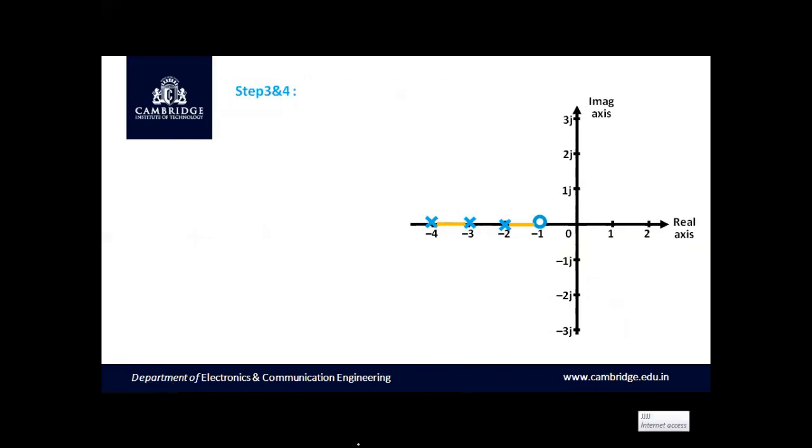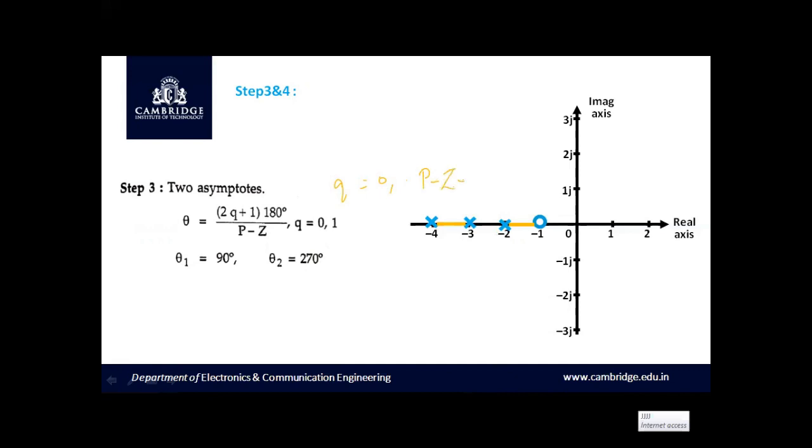Moving on to step 3 and 4, we have to determine the value of centroid and the angle of asymptotes using the formula. To calculate the asymptotes, we have the formula theta equal to (2q plus 1) into 180 degree divided by P minus Z, where q ranges from 0 to P minus Z minus 1.